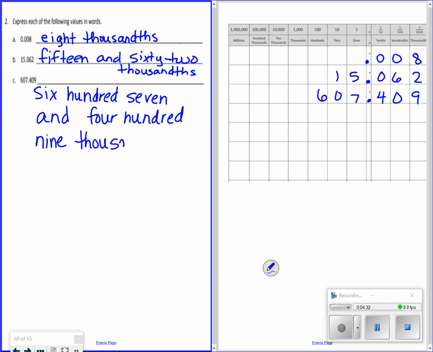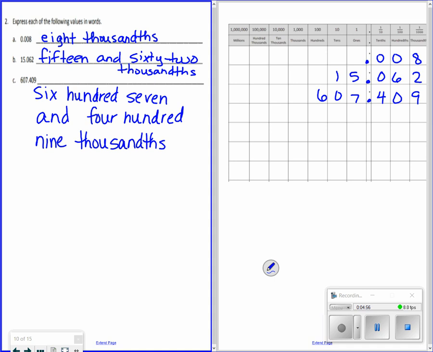Thousandths. That's how you say it. And you don't want to say 607 and 409 thousandths with another "and." There are not 3 decimals in there. 607 and 409 thousandths.